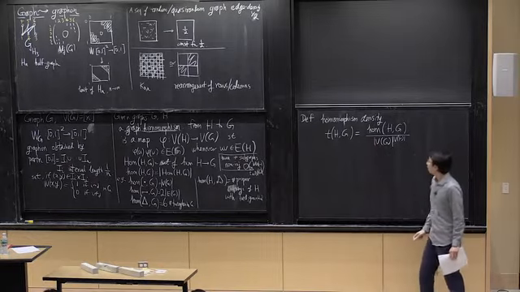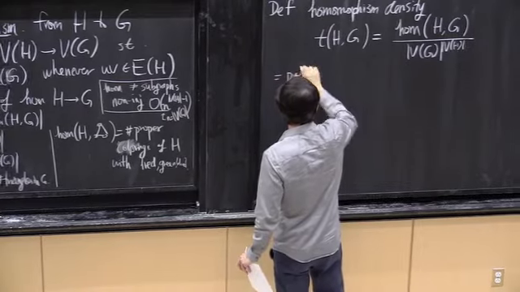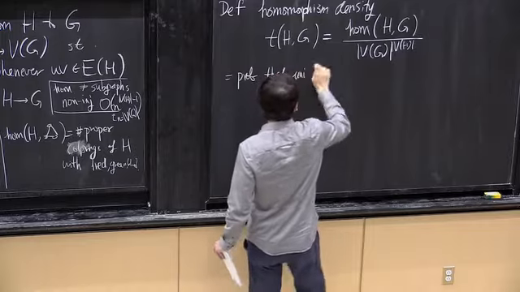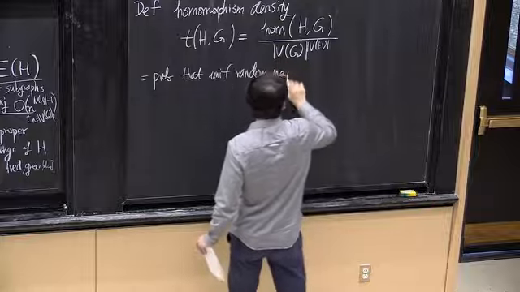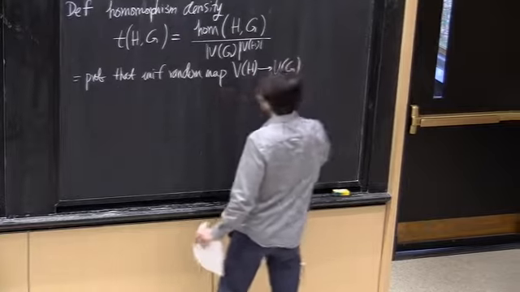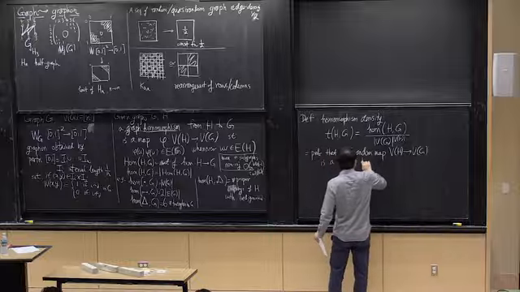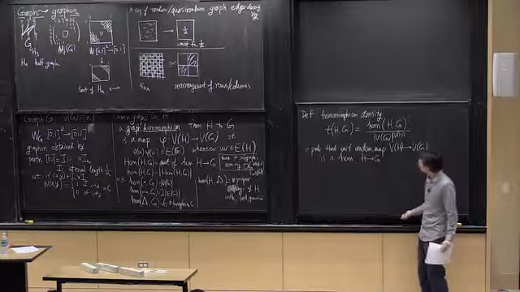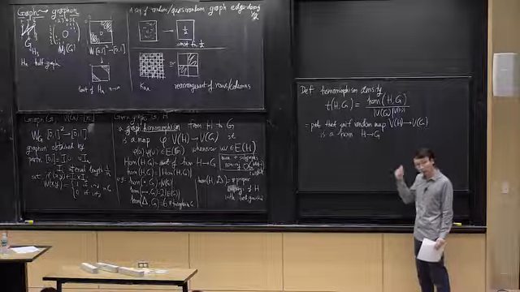Okay. So this is also equivalently defined as the probability that a uniform random map from the vertex set of H to the vertex set of G is a homomorphism from H to G, a graph homomorphism. Okay, and this quantity turns out to be quite important, so we're going to be seeing this a lot.